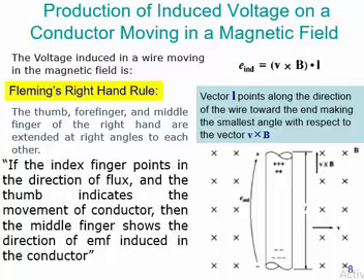The thumb, forefinger and middle finger of the right hand are extended at right angles to each other to find the direction of L, V and B. If the index finger points in the direction of flux and the thumb indicates the movement of the conductor, then the middle finger shows the direction of EMF induced in this conductor.